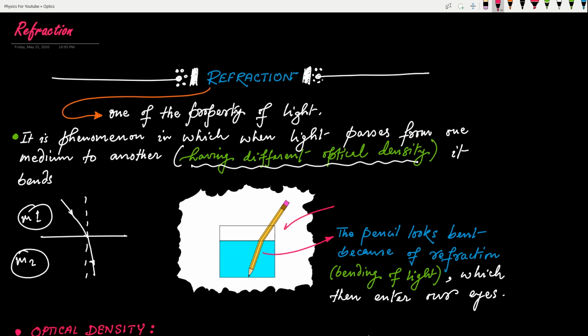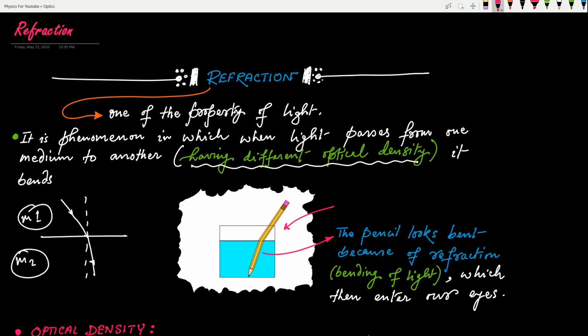First of all, look at this diagram and see that when we dip a pencil into a beaker or a glass having water, the pencil looks bent. This is a very common and practical phenomenon. As students, we have seen this. This bending of the pencil is due to the property of refraction of light. Ultimately, the light bends and enters our eye.